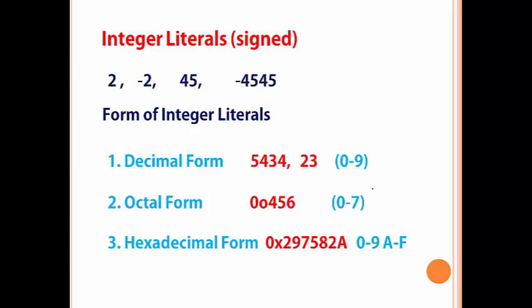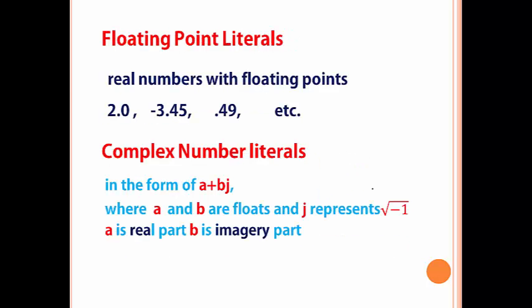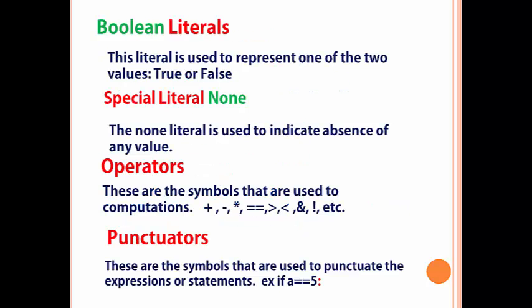Floating point numbers are decimal numbers with or without sign. A complex number is made up of two parts, a real part and an imaginary part. Boolean literals have two values, 0 or 1, or true or false. The special literal None means no value is assigned.